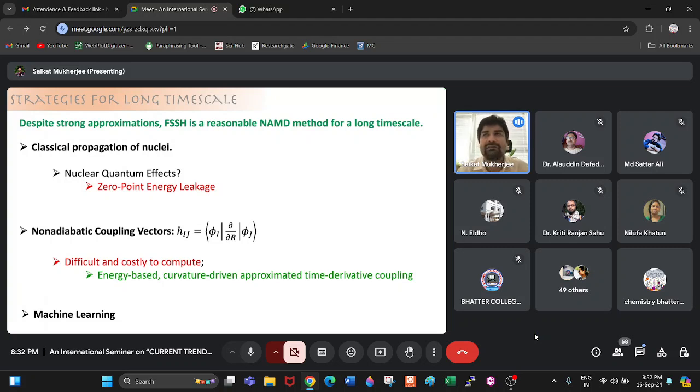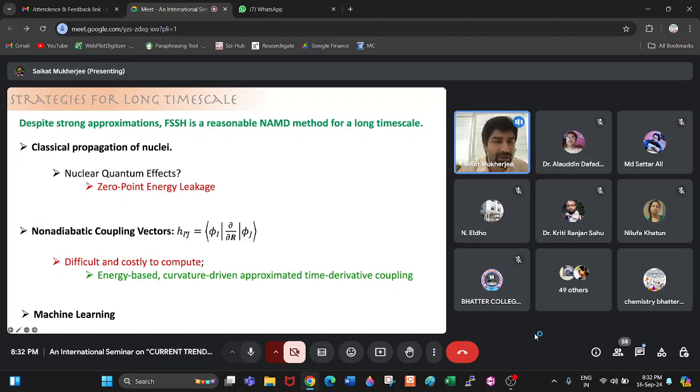And it does not have any nuclear quantum effects. What do I mean by nuclear quantum effects? What about zero-point energy? What about tunneling? Classical mechanics does not know anything about zero-point energy, right? Because we all know zero-point energy is a manifestation of the quantum uncertainty principle. Okay, I have to take care of zero-point energy.